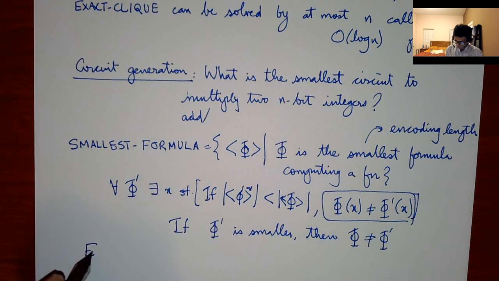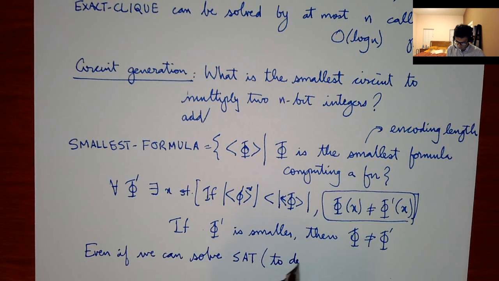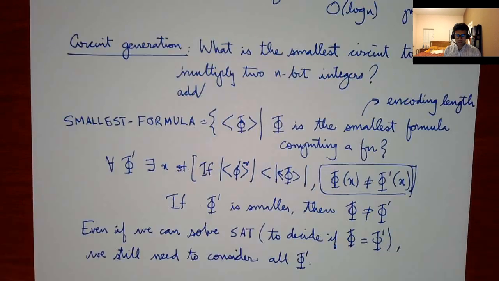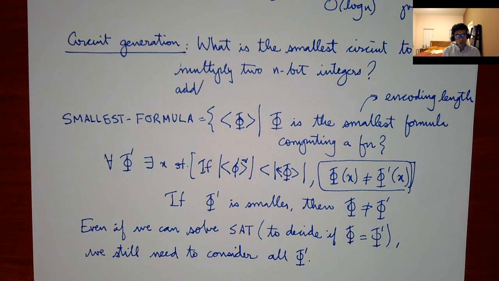Even if we can solve SAT to decide if phi is equal to phi prime, we still need to consider all phi prime. At least in this formulation, you still have to consider what are all the possible circuits and whether there's something that is smaller.